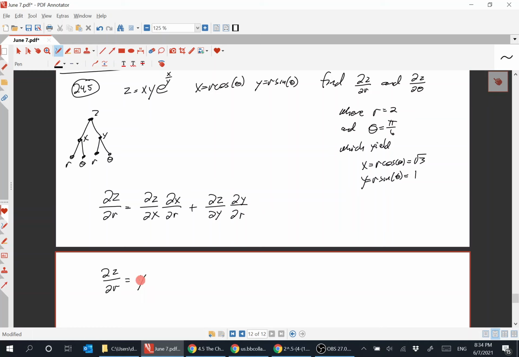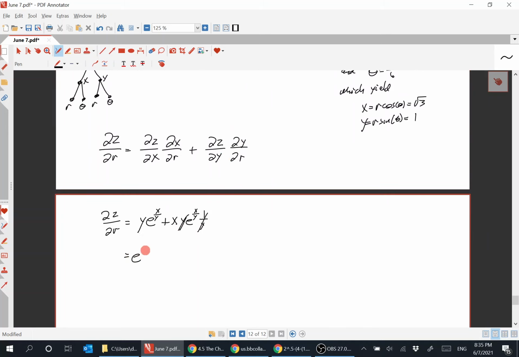So the derivative of the x is just y e^(x/y), plus x times the derivative of y e^(x/y). So that's 1 over y times e^(x/y). So those cancel. So that's e^(x/y) times (x plus y).